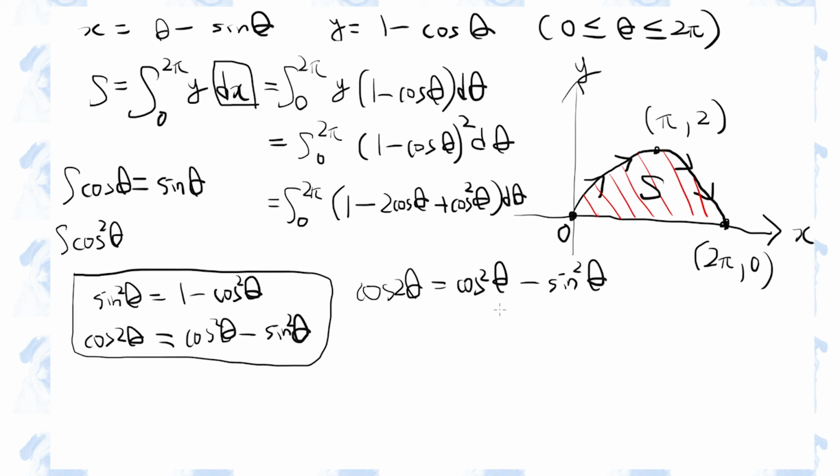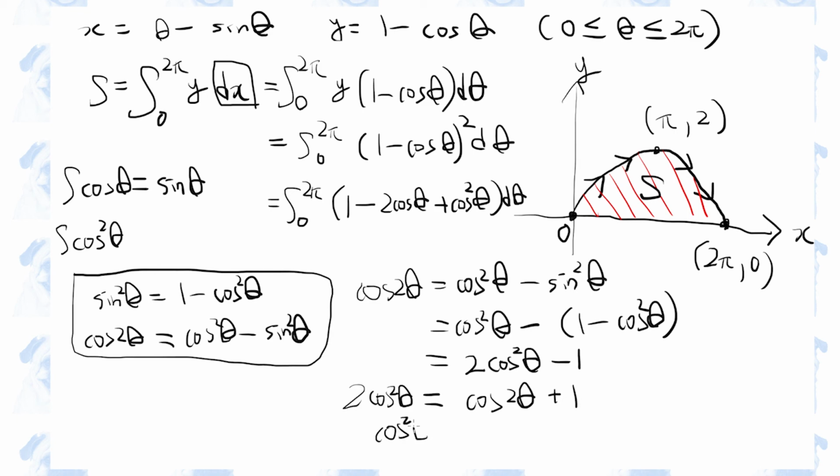So cosine 2 theta is cosine squared theta minus (1 minus cosine squared theta), which is 2 cosine squared theta minus 1. So cosine squared theta is (cosine 2 theta plus 1) over 2. So this can be rewritten as the integral of cosine 2 theta over 2 plus the integral of 1/2.